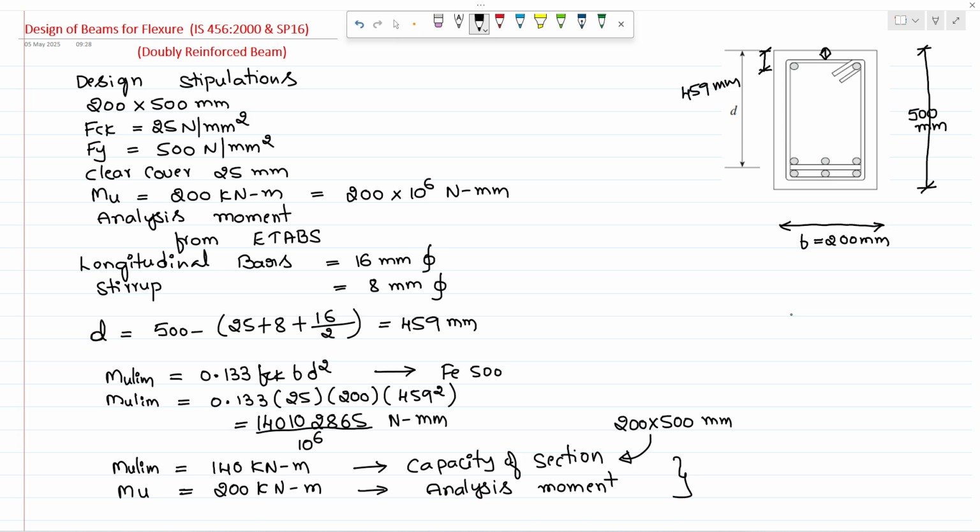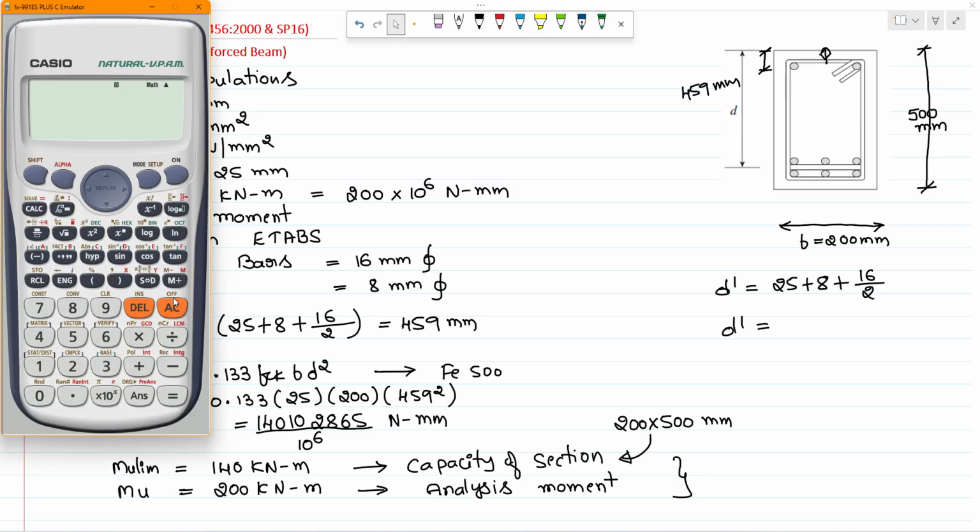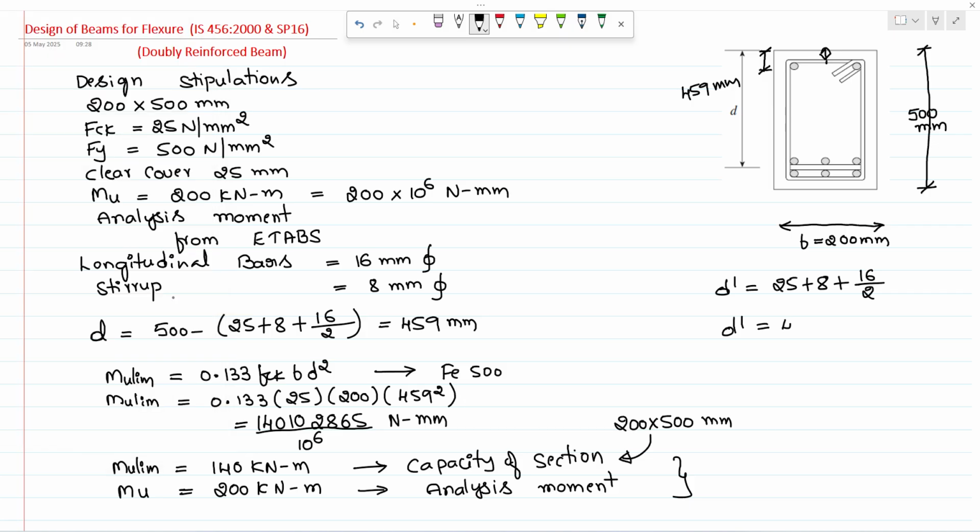This will be clear cover 25 mm plus stirrup diameter 8 mm plus main reinforcement 16 by 2. So d dash will be 25 plus 8 plus 8, which is 41 millimeters.